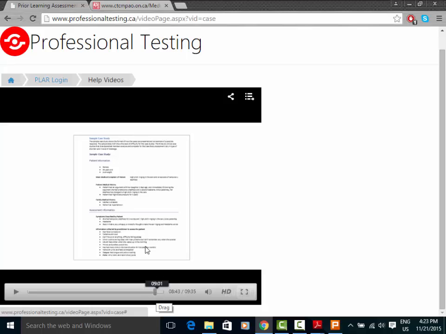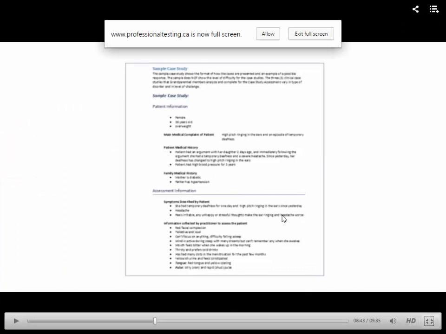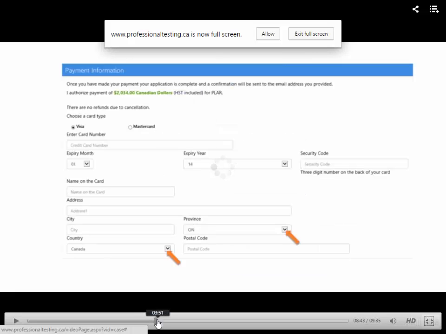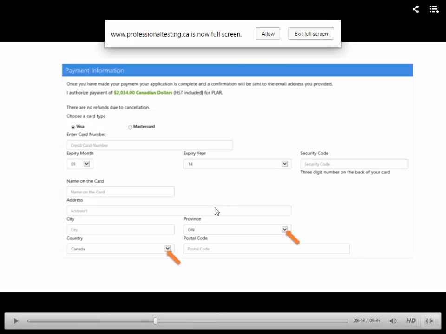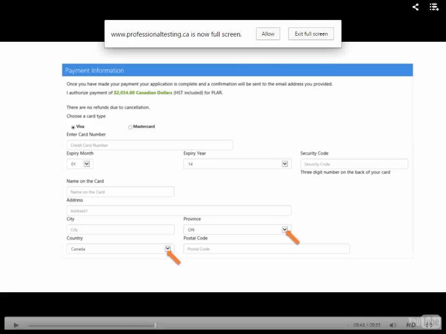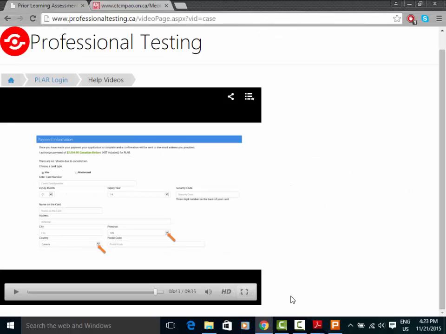There was a link of instructions, and it looks like this is a sample sheet here. So it is a digital test. It looks like you're going to have to type that information in. Yes, you have to.